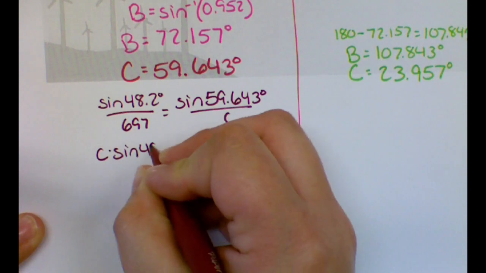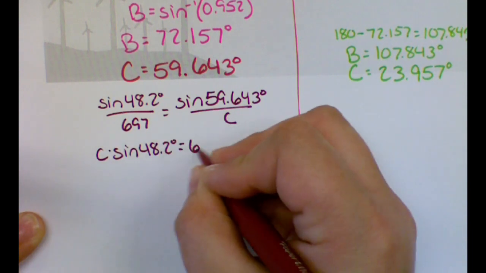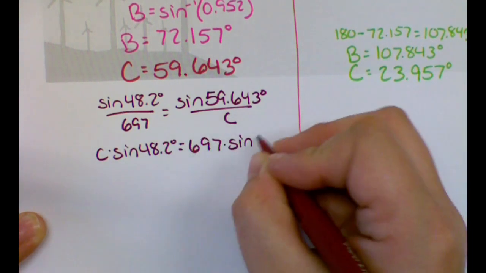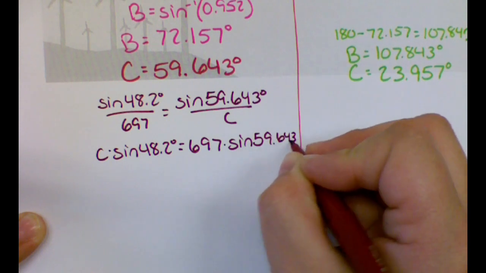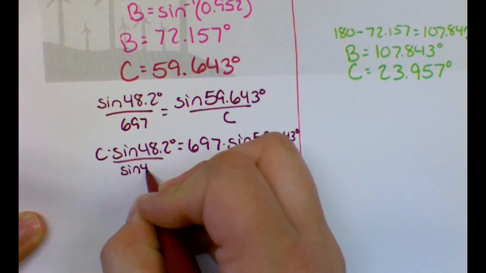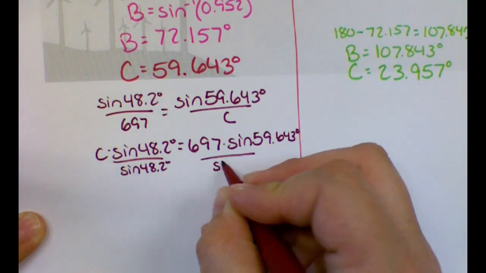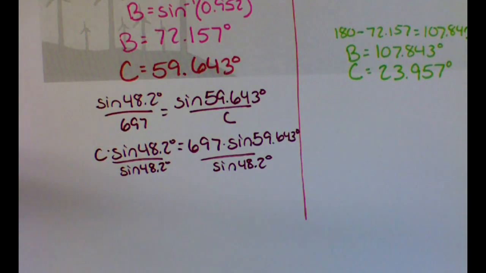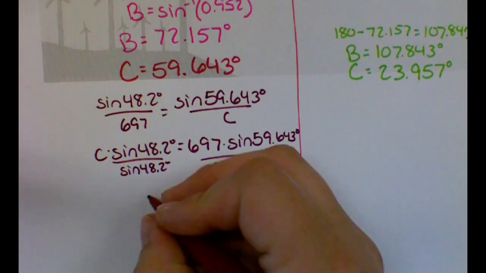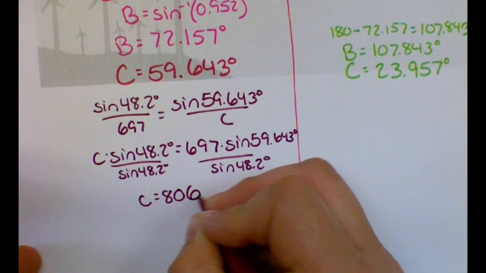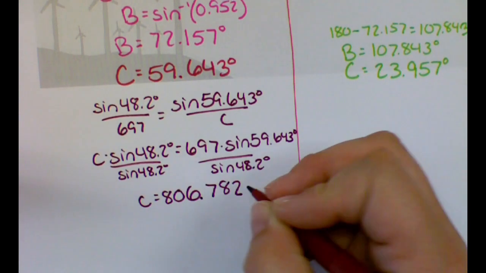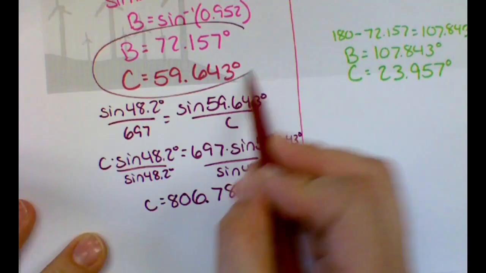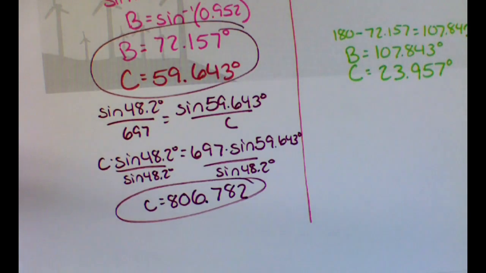C times the sine of 48.2 degrees equals 697 times the sine of 59.643 degrees. Divide by the sine of 48.2 degrees. And our missing side C is 806.782. I don't have any labels, so I've got my two angles and my side for that triangle.